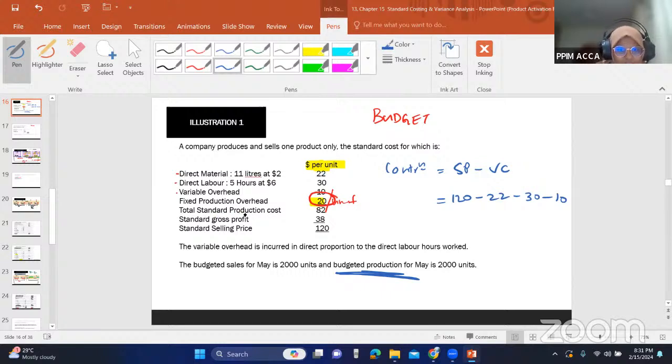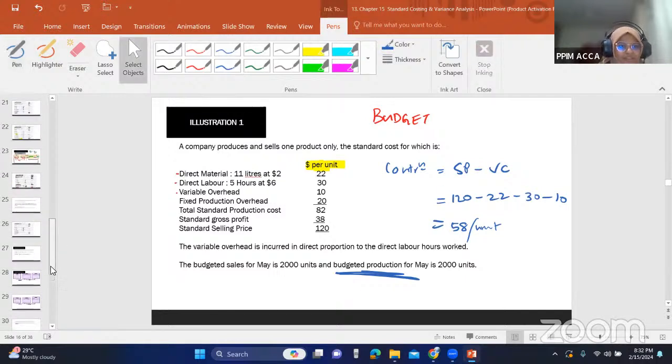This is a total standard production cost. That is a total. Okay, that's a total. Profit, we don't have to take it. Selling price. So we have taken all the variable costs. 120 minus 22 minus 30 minus 10. So you will get contribution as 58 per unit. Standard contribution. We are using budgeted data.